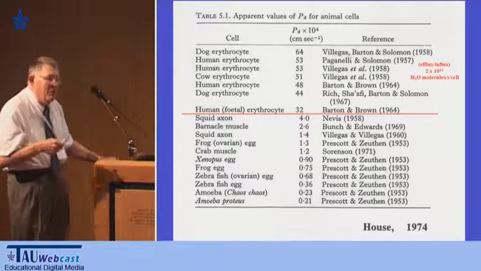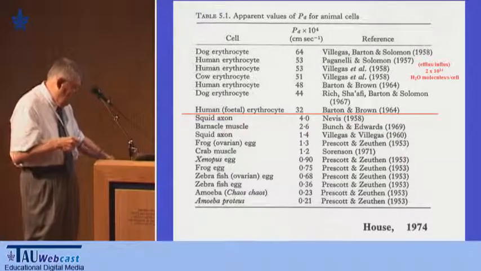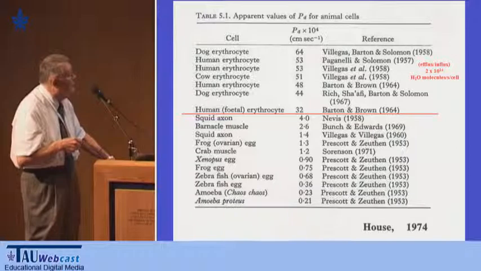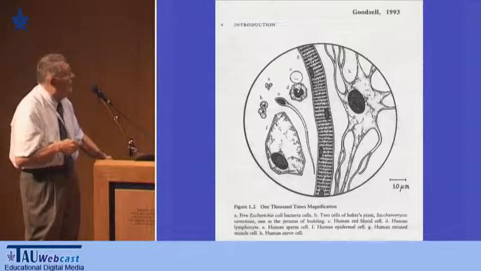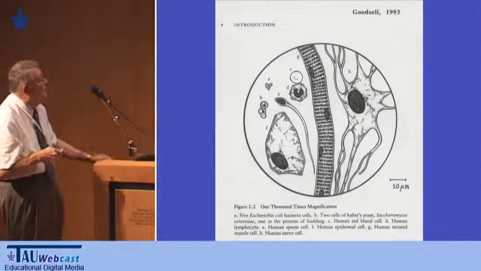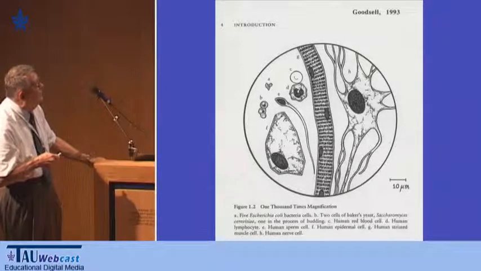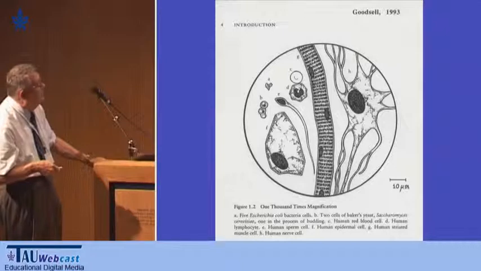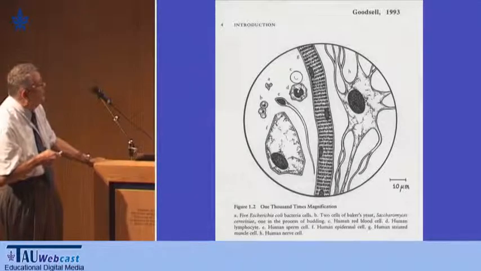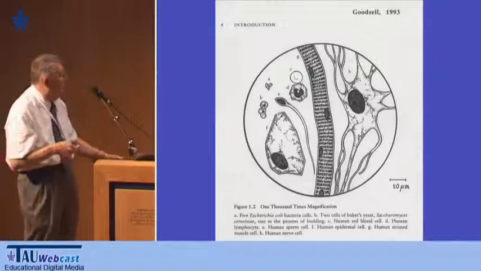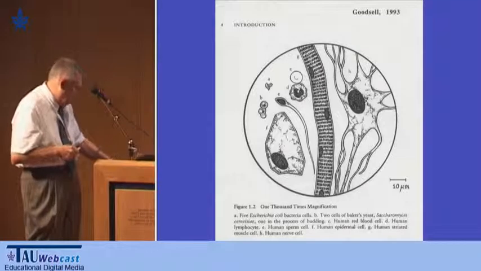There have been a number of people who asked the question, why is it that the red cells, the erythrocytes, have an order of magnitude higher permeability coefficient? They're tiny cells. Here's a cross-section of an erythrocyte on a 10-micron scale bar. I'm going to tell you about yeast cells. Here are yeast cells. Other cells are much bigger.